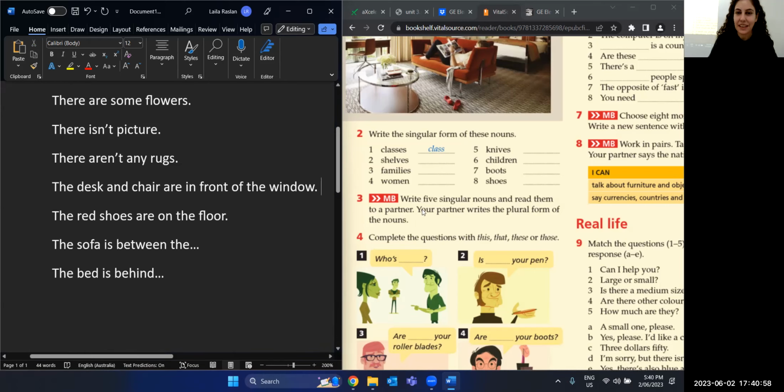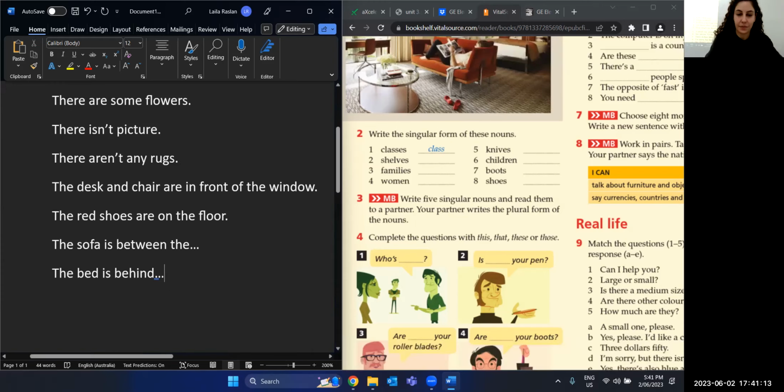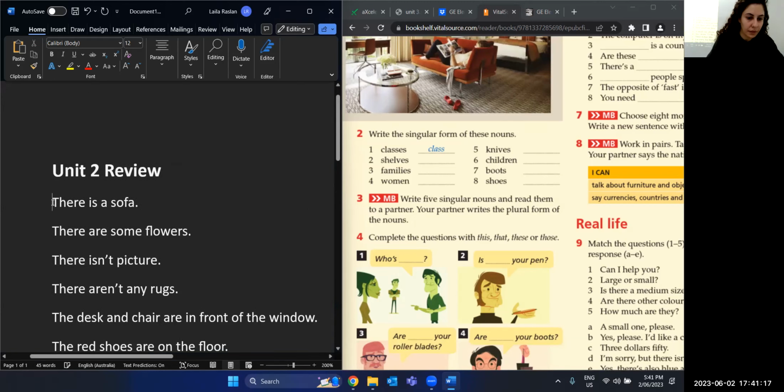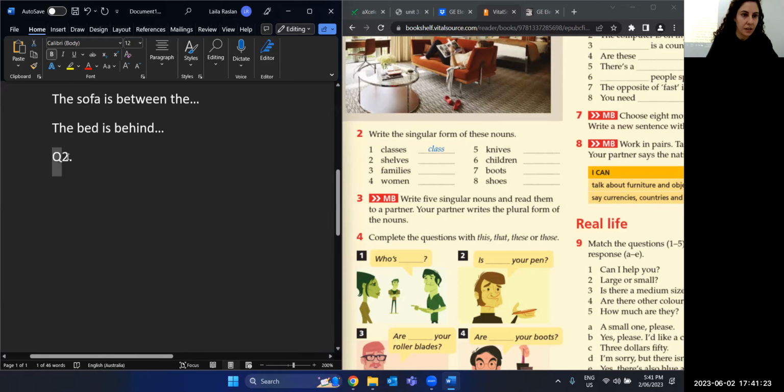So let's look at when we want to talk about one noun or many. So classes, class. Do you remember shelves? What's one? Shelf with an F. So I'll just quickly write. That was question one. So we have shelf.